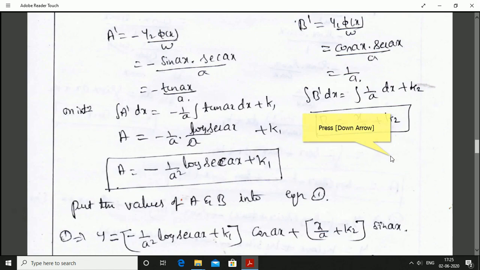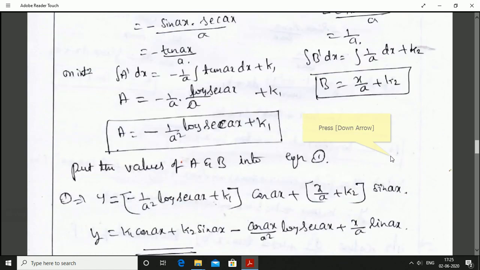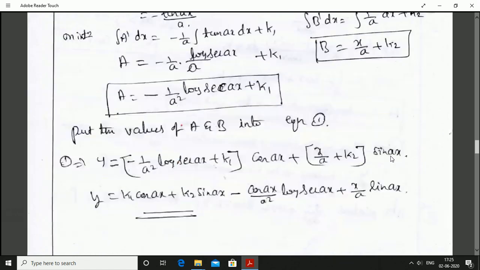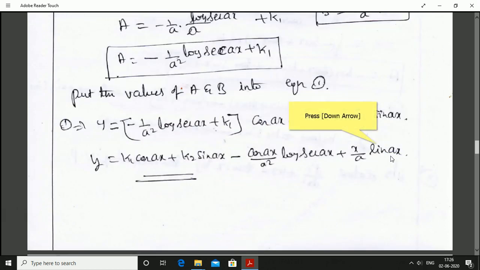Substitute the a and b values into the assumed general solution, that is equation 1. We assumed the solution in the form y is equal to a into cos ax plus b into sin ax. The a value is minus 1 by a square into log secant ax plus k1, into cos ax, plus b into sin ax. b is x by a plus k2, into sin ax.